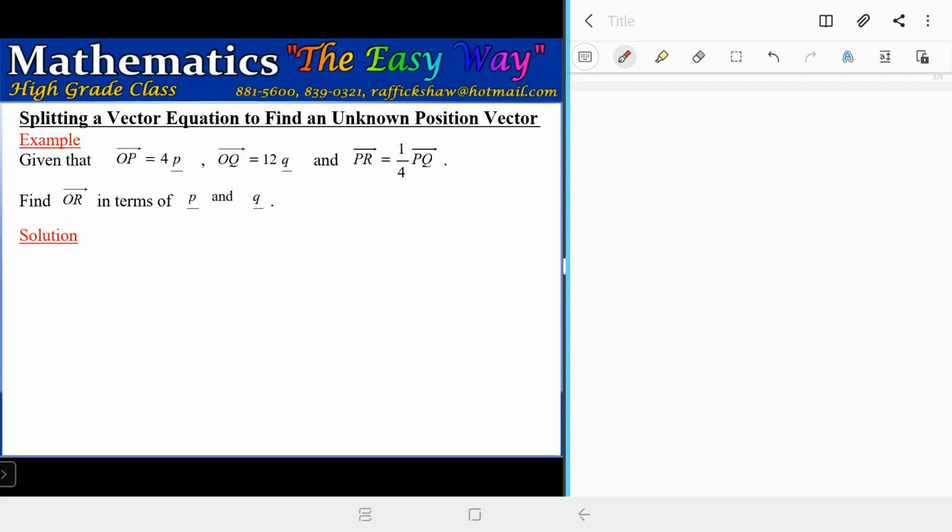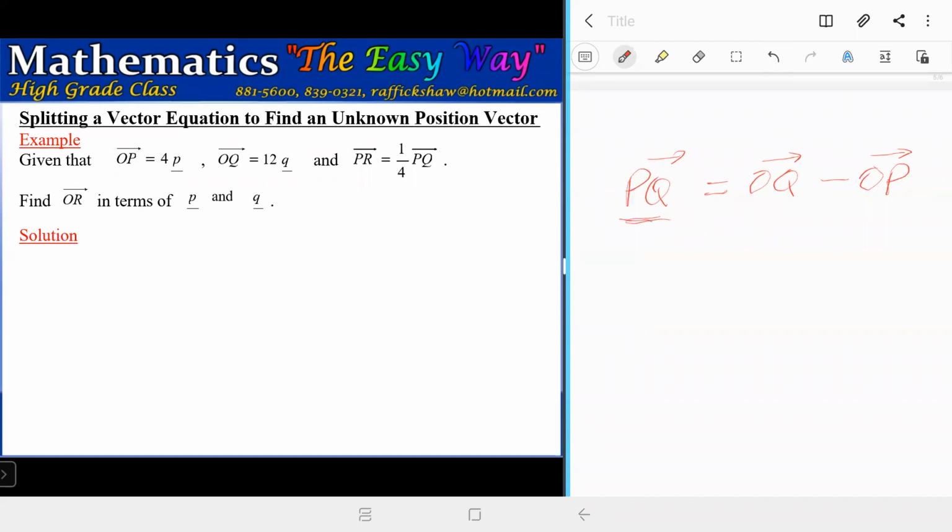And it's based on the premise that PQ, for example, is equal to OQ minus OP. The point is, sometimes if you want to find this, you use these two. But sometimes you will know this and you want to find one of these. And so you will transpose, right?